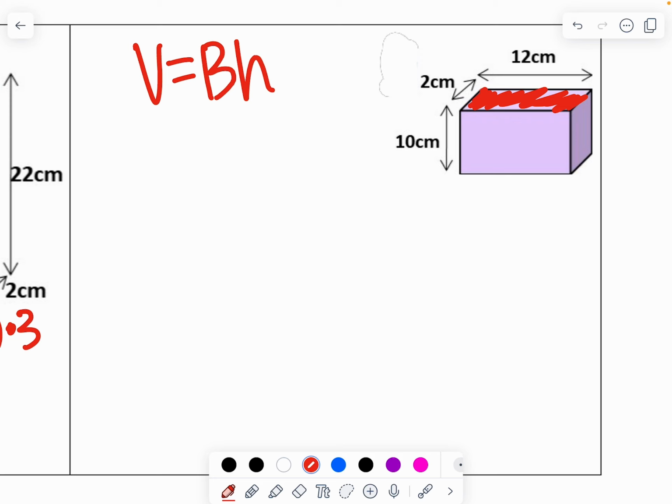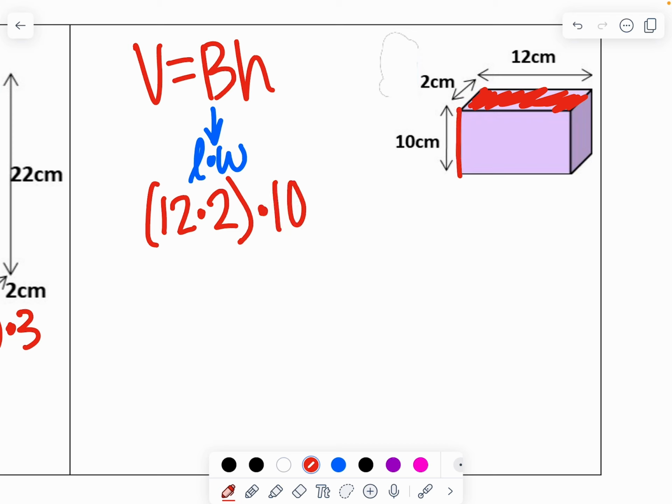And to get the area of the base, it's a rectangle, so you just do length times width again. So area of the base is going to be 12 times 2. And that's what goes in parentheses. And then our height is 10.